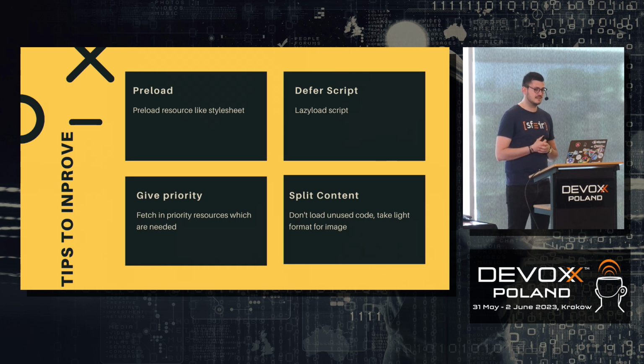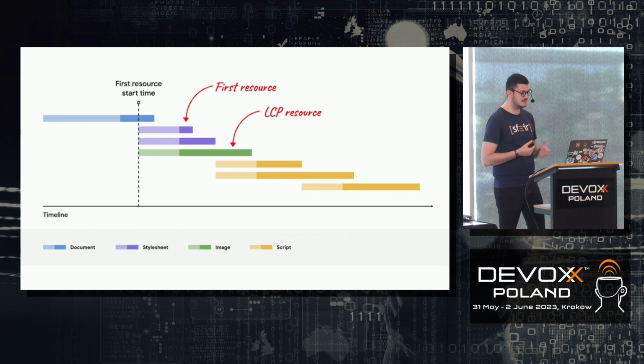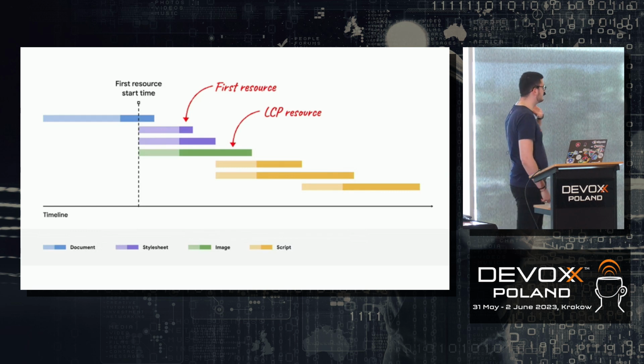Then you can give priority. Fetch in priority the resources which are needed thanks to the fetchpriority attribute. And finally, split your content. Don't load unused code. Take modern formats for images. If you apply that, you optimize all the problems we've seen.